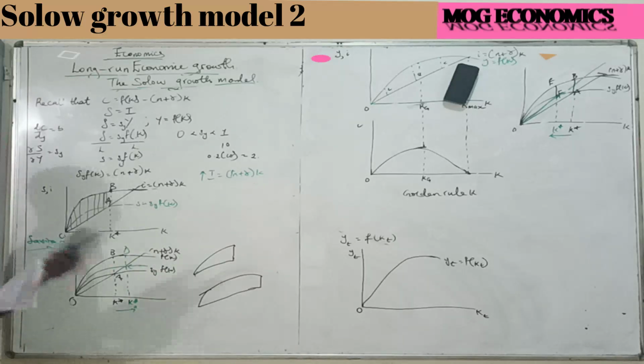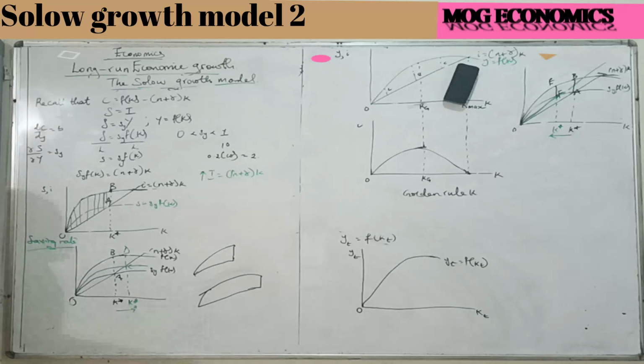All right. But what can lead to an increment in the standard of living in the long run? This is saying that saving rate and population growth rate don't lead to any increase in standard of living in the long run. So what can? It takes us back to the variable that we held constant, which is productivity.